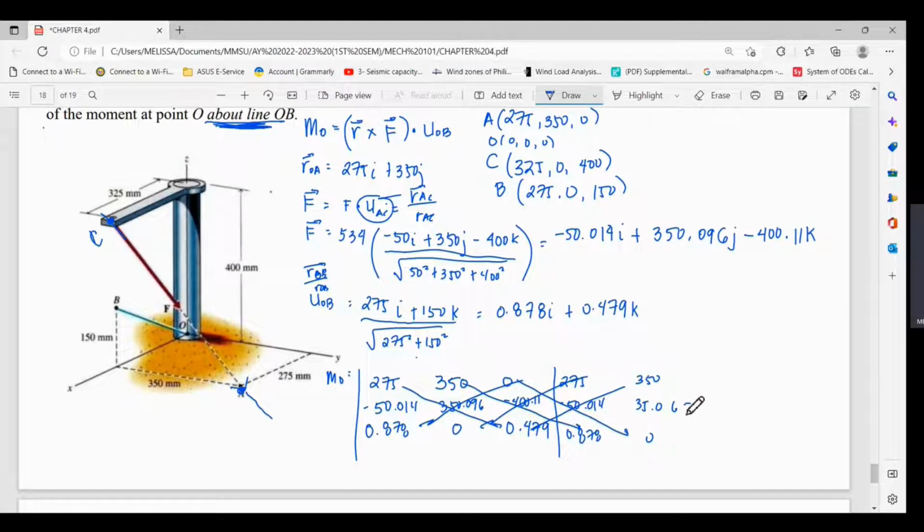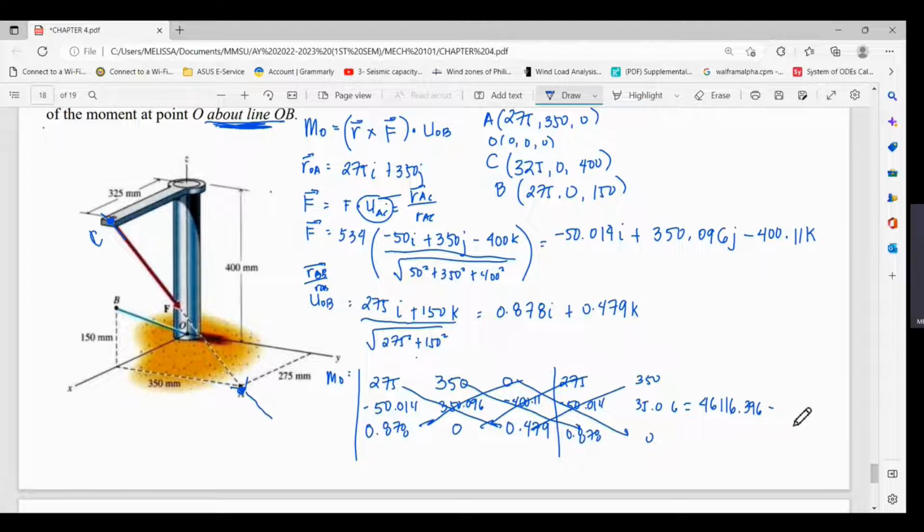Okay, so this will be equal to, okay, diretsuhin na natin. So, 275, tapos 350.096, 0.479. So, that will be equal to 46116.396. Tapos ito, minus 350 multiplied by 400.